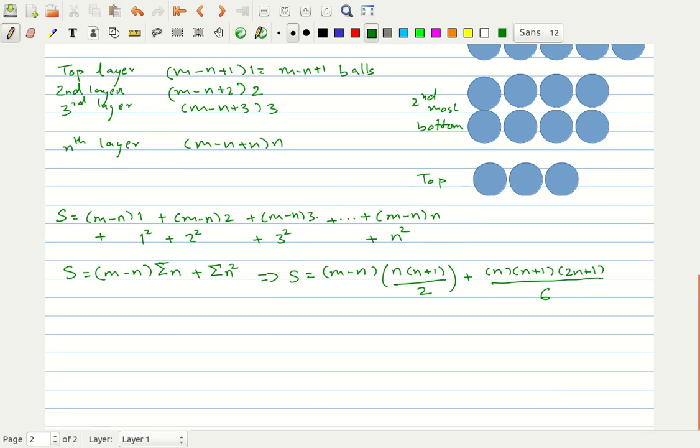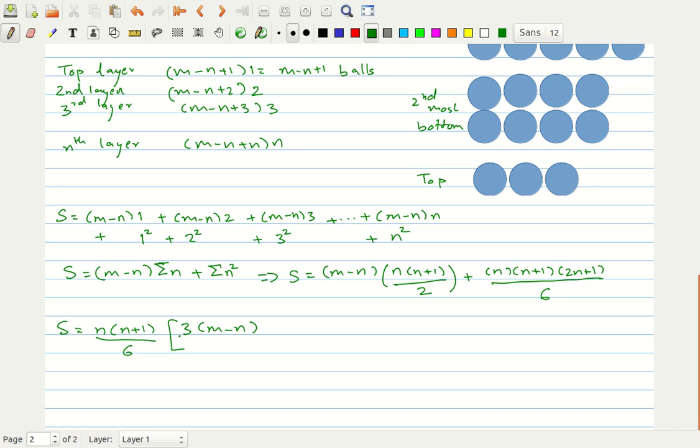So to simplify, let us take n times n plus 1 divided by 6 out. So s is equal to, I take out n times n plus 1 divided by 6 outside. So you have 3 times m minus n over here, right?